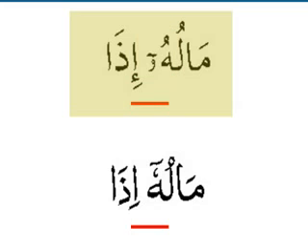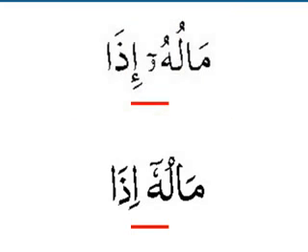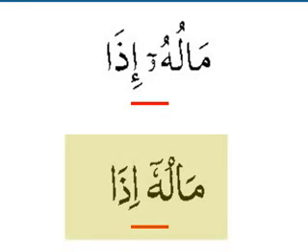However, the next word idha begins with hamza sitting under an alif, so again it will force the long vowel to go from too long to four long. Okay, so this would be ma luhu idha.